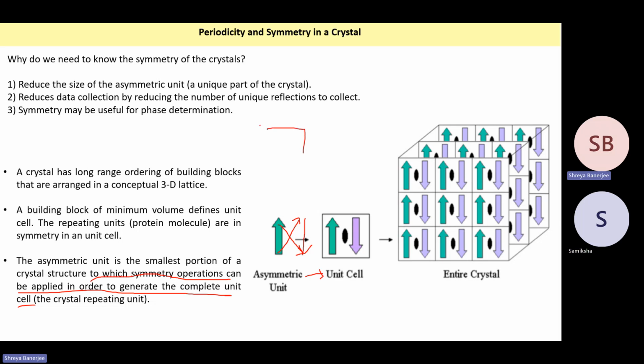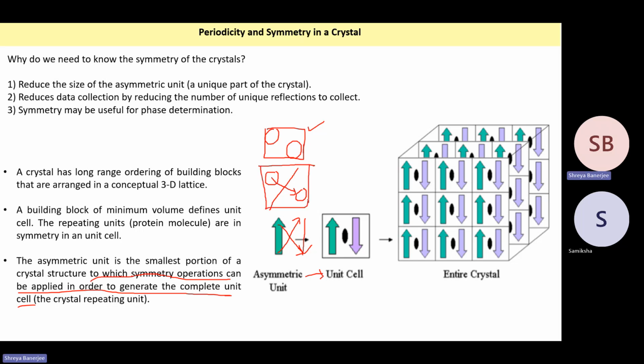Suppose you have a unit cell where you have one atom here and one atom here, and this is repeating throughout your crystal. So this is your unit cell. The asymmetric unit is just this one atom, because if you reflect, imagine there is a mirror plane here, and you're reflecting this atom to the other side, then you will have two atoms, and that is what forms your unit cell.